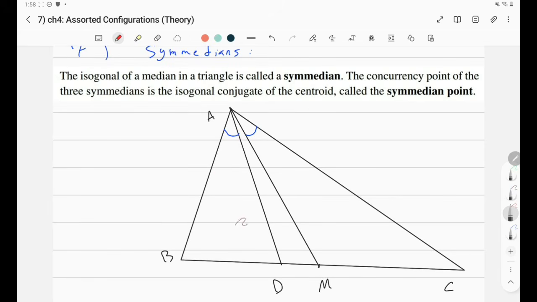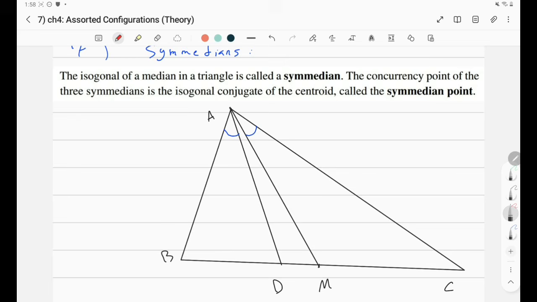We have a triangle ABC and a median AM, where M is the midpoint. We define the A-symmedian to be the line isogonal to AM. So it's basically the line isogonal to the median. Of course, we have an A-median and an A-symmedian, and in the same way we have a B-symmedian and a C-symmedian.